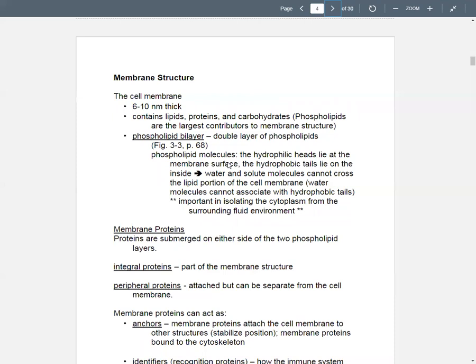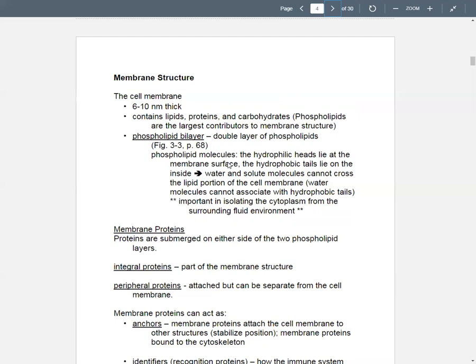So let's talk about the structure of the membrane. It has a thickness between 6 and 10 nanometers. So what does it have in it? Obviously, it's going to have phospholipids. It's going to have lipids in it.